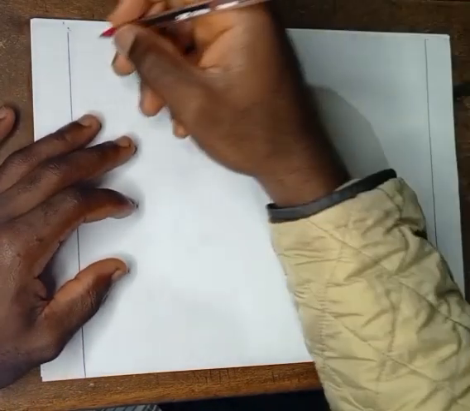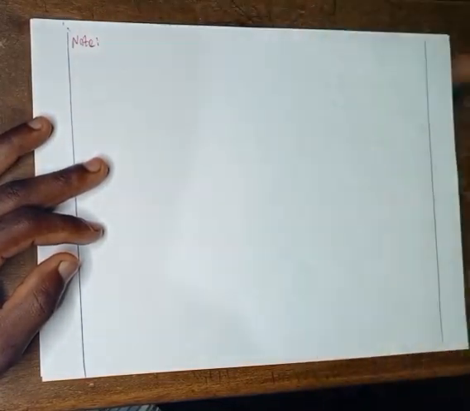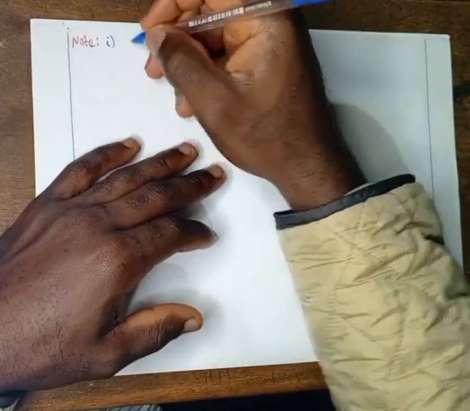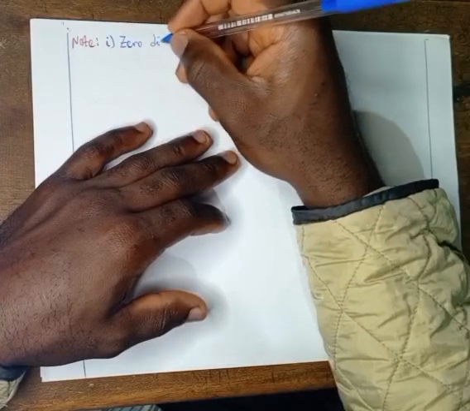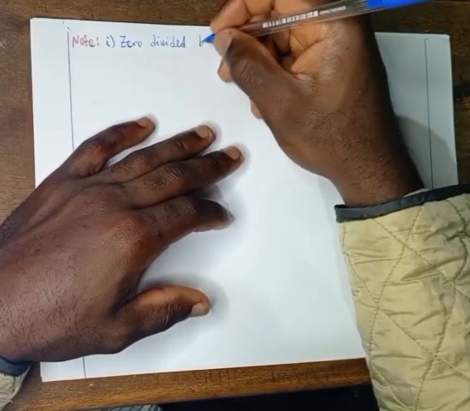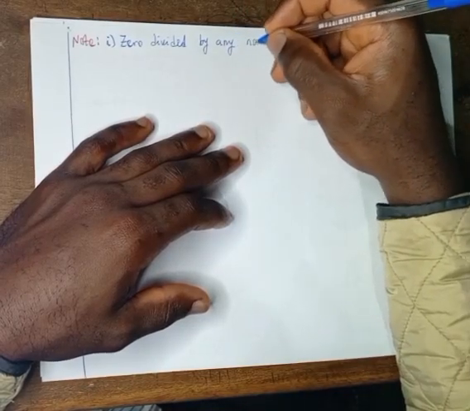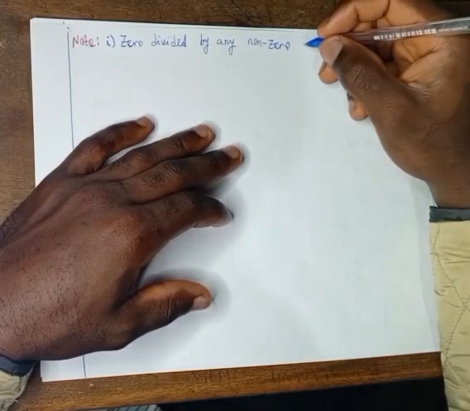So next, we are going to note this down. Let's note this down. It's very important. Note. The first one, because most often this is something students always get confused of: 0 divided by any non-zero number.